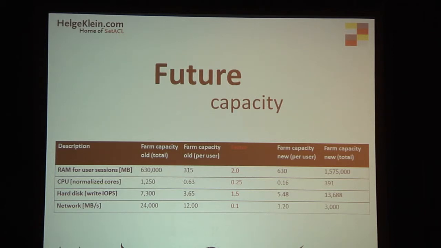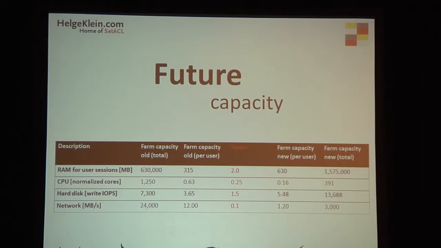Next, we saw the CPU is not very loaded, so it'll probably be okay if we have only a quarter of the CPU performance per user in the future as we have now. Next, we saw the hard disk is moderately loaded, if not a little bit more.